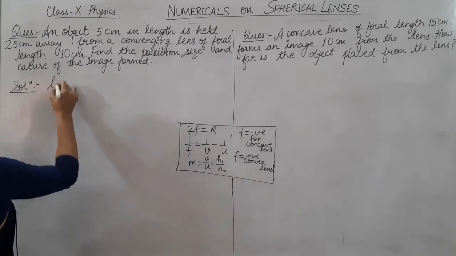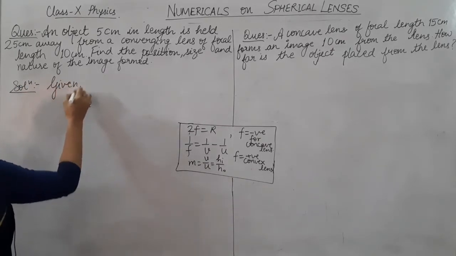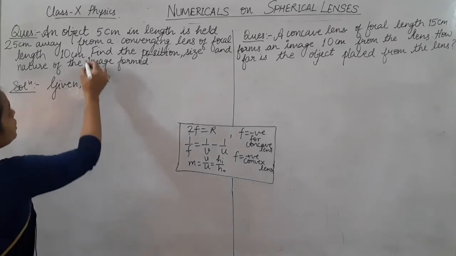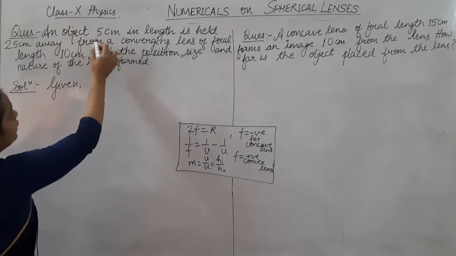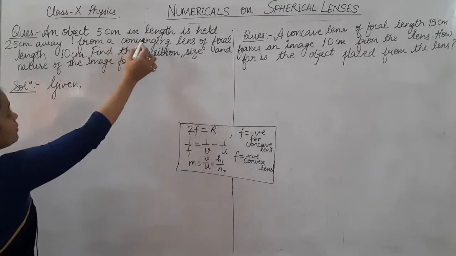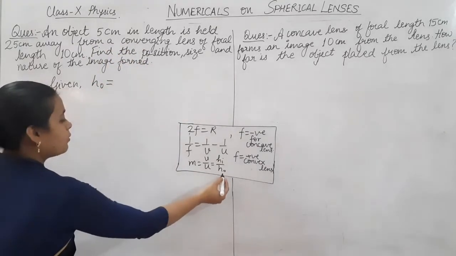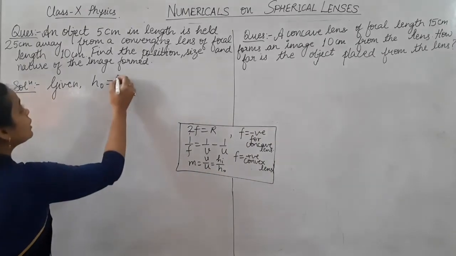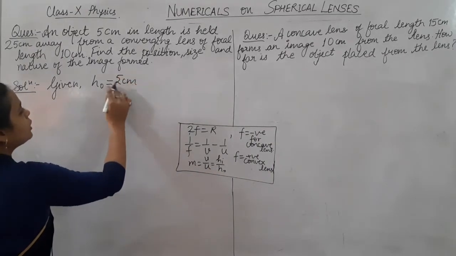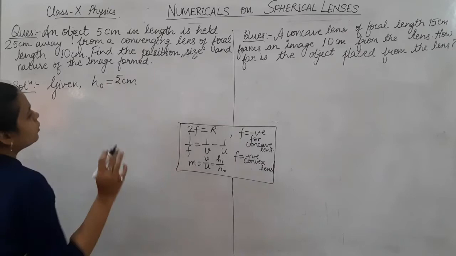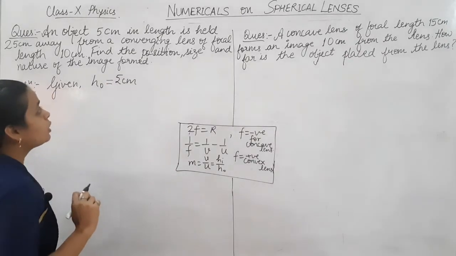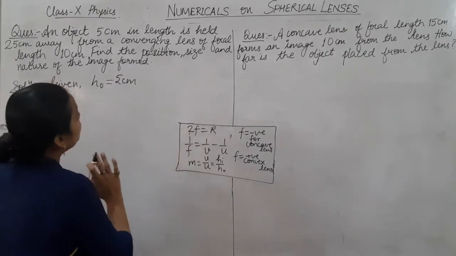First of all, write down what is given. H means height of object. Here it is written object 5 cm in length, means HO, height of object, is 5 cm. In height we don't need to apply any sign convention because height always remains positive.